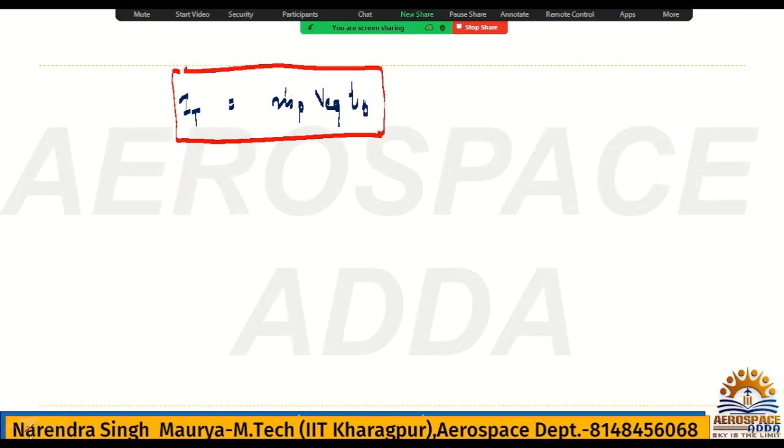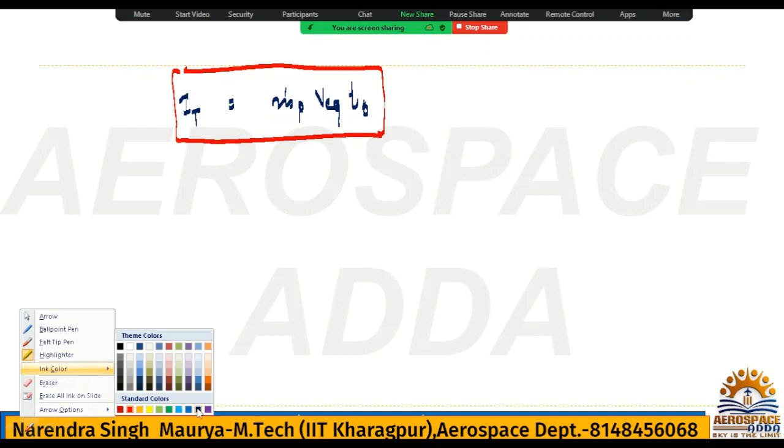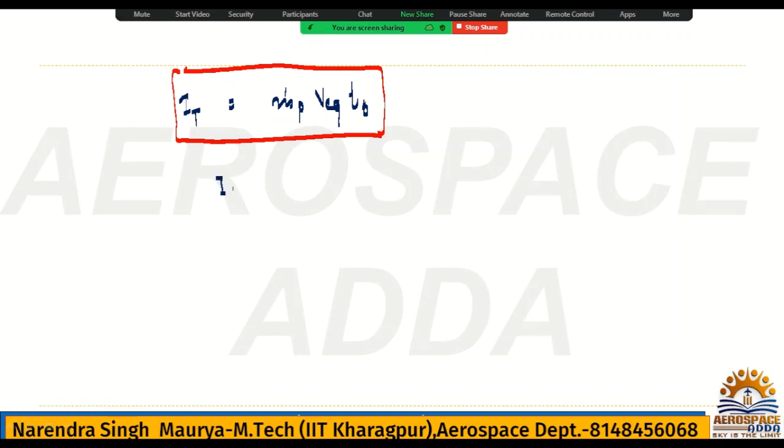Or again, this formula you can write as m dot p. You can write mp, which is the mass of the propellant, divided by total burning time of the propellant, because m dot means flow rate. So I am writing here mp divided by t. Mp divided by t is nothing but m dot p. It is very usual, no?